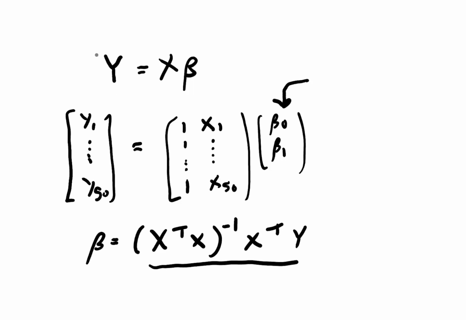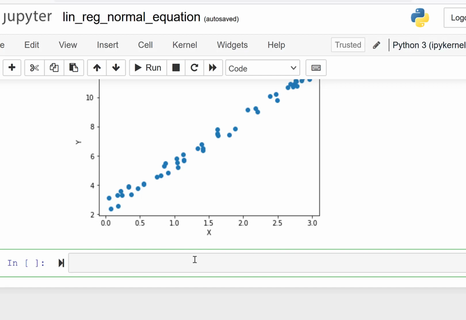Then we go back to this model, and once we've calculated what beta naught and beta 1 are, we can multiply those by other x values and calculate predicted values for y. In this video, I'm not planning on doing a training and test data set because I just want to focus on how we're solving the normal equation.